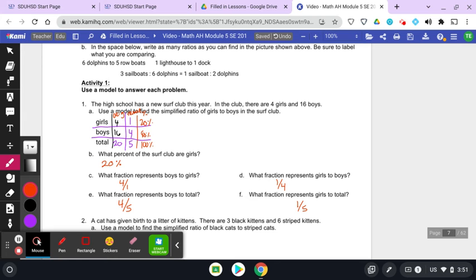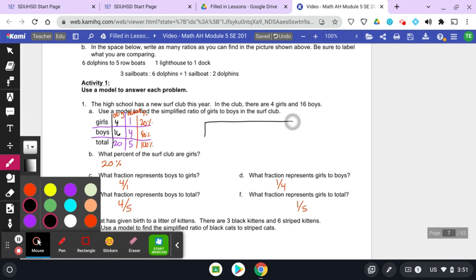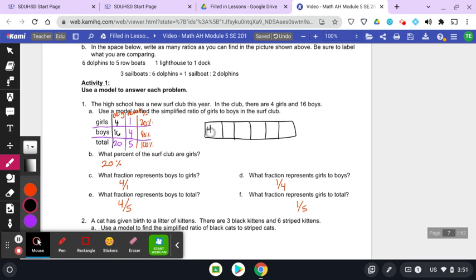Okay. Now, if we wanted to actually draw out the model, we could have. We'd have a total of 5 sections when we look at the reduced thing. 1, 2, 3, 4, 5. One of the sections has 4 girls. And the other 4 sections have 4 boys.